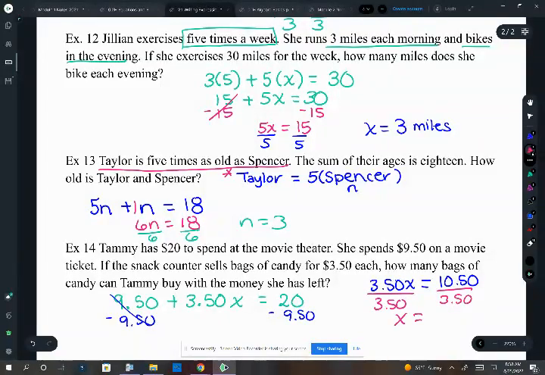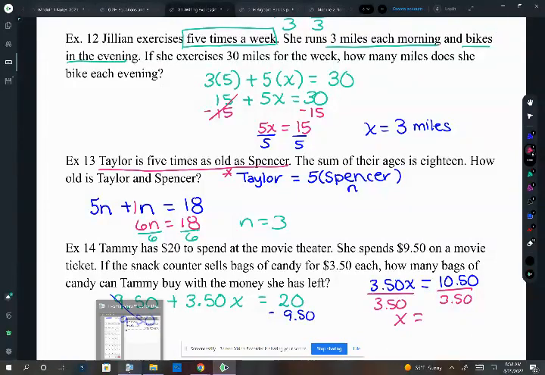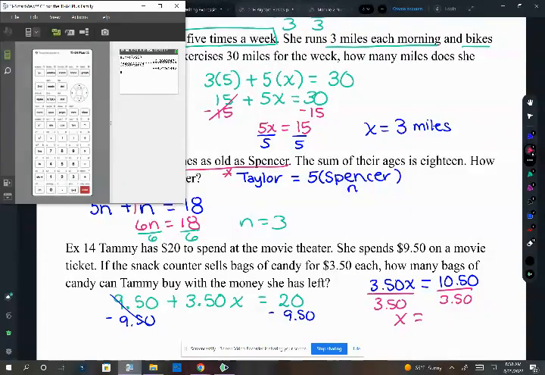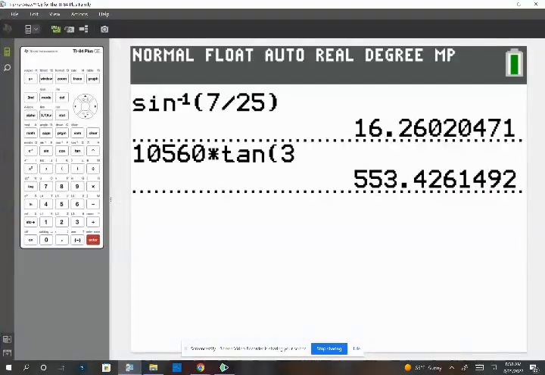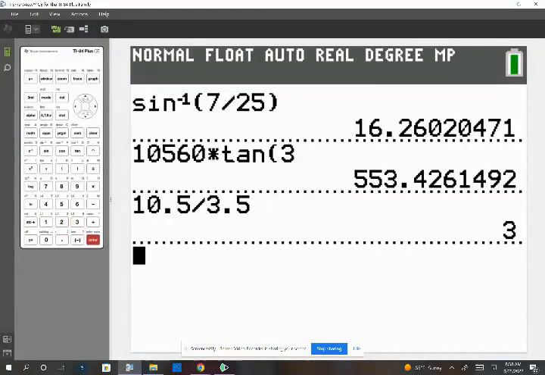So you're going to divide $10.50 by $3.50. So then you're just going to use your calculator. So let me make that bigger. So you have $10.50 divided by $3.50. And so it says that you can buy 3 bags of candy.